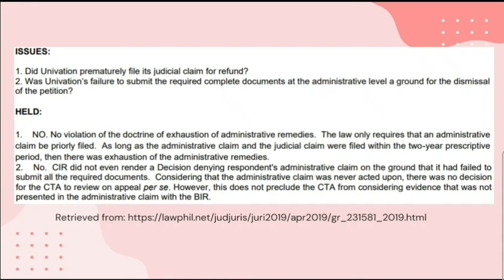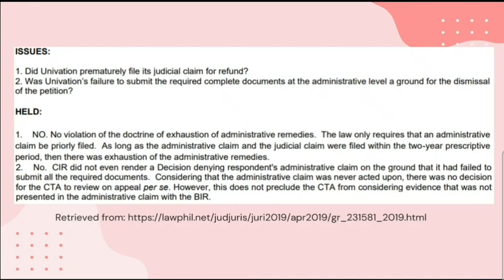Under the circumstances, if ever Univision waited for the CIR or the commissioner to act on its administrative claim before they resorted to filing a petition to the court, there could be a chance that the 2-year prescriptive period will lapse, which can result in the loss of Univision's right to seek judicial recourse, and worse, its right to recover the taxes it erroneously paid to the government.